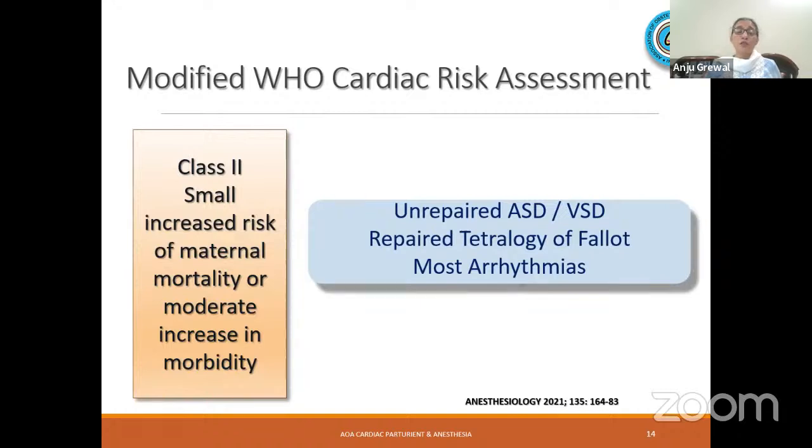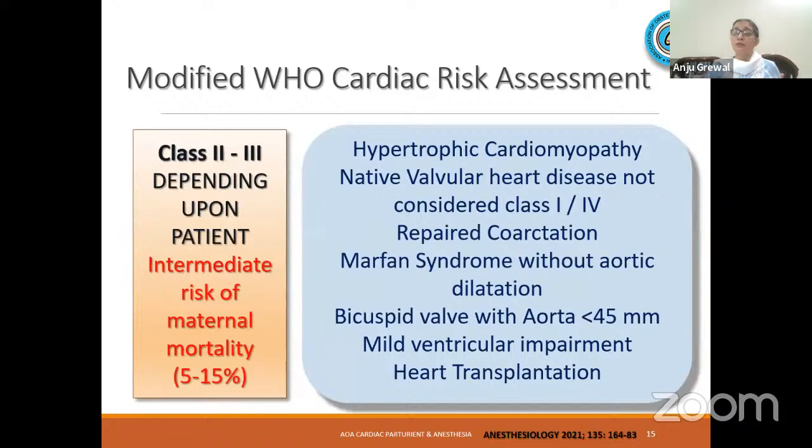Class 2 has a small increased risk of maternal mortality, but a moderate risk of maternal morbidity. This would include unrepaired ASD, VSD, repaired tetralogy of Fallot, and some of the arrhythmias that you commonly encounter. In mothers, we usually encounter atrial arrhythmias more often than ventricular arrhythmias.